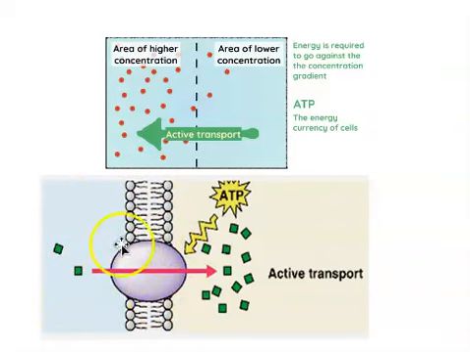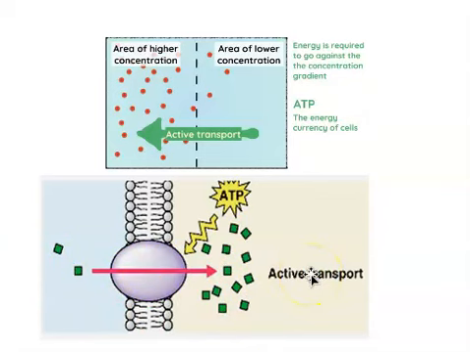And this purple membrane protein, which happens to be a pump protein. This pump is going to carry the green squares from the side where there's a low concentration towards the side where there's a high concentration. It's going to keep this gradient in place.